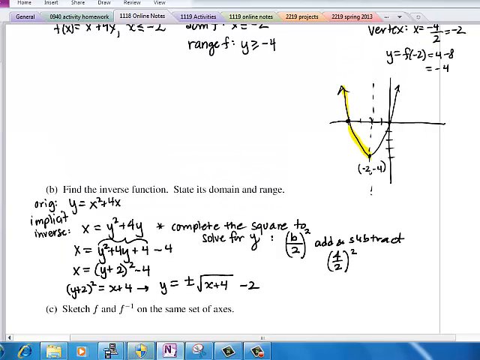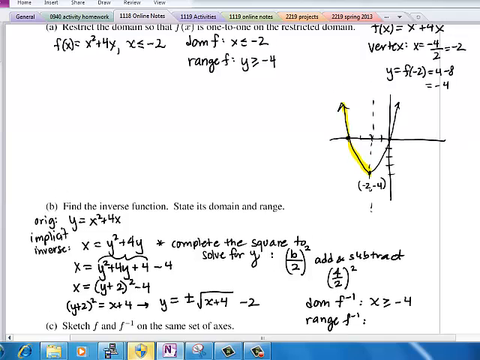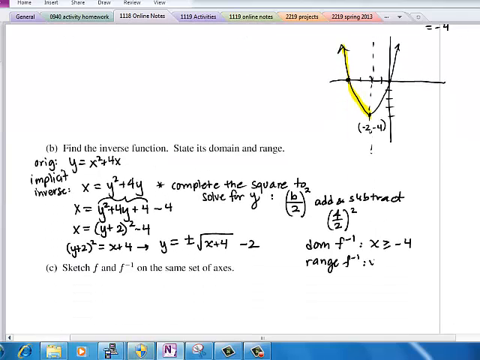I know that I want the domain for f inverse to be the same as the range of f, so x greater than or equal to negative 4. And I also know that I want the range of f inverse to be the same as the domain of f, which was x less than or equal to negative 2, so we want y less than or equal to negative 2.